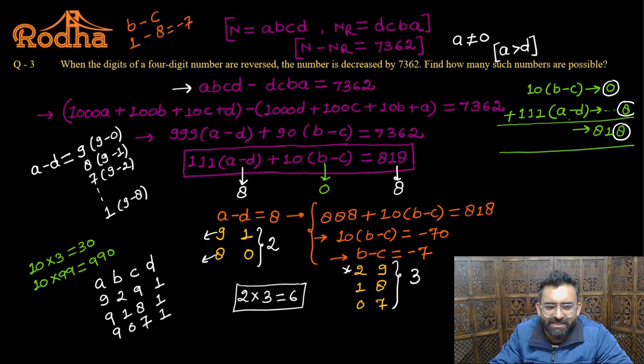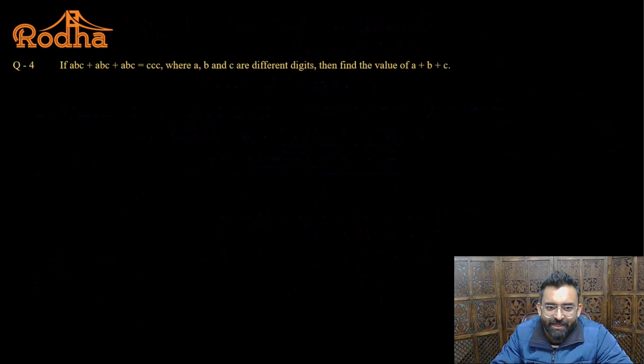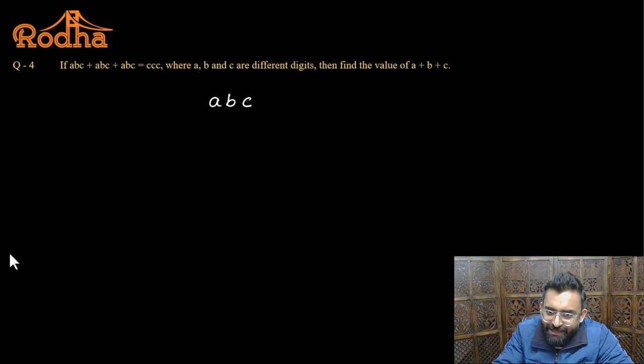Let's discuss a very interesting question, something like this, but not exactly. The question number 4, the last question for this particular session. If ABC plus ABC plus ABC is equal to CCC, basically what the question is saying, ABC is a 3-digit number.